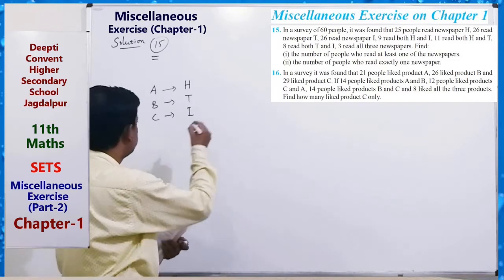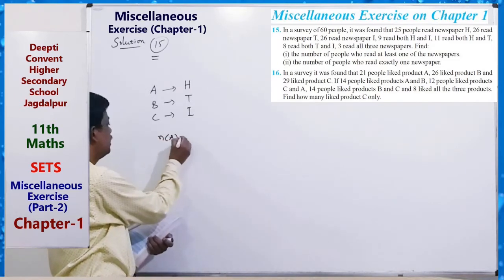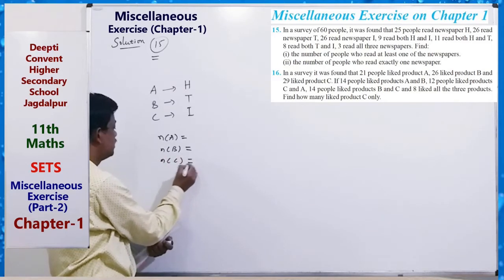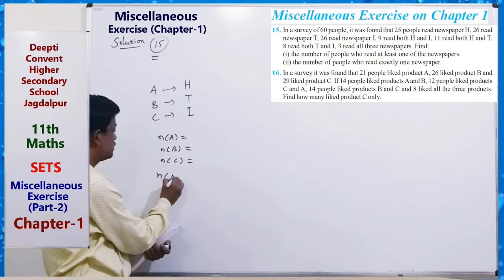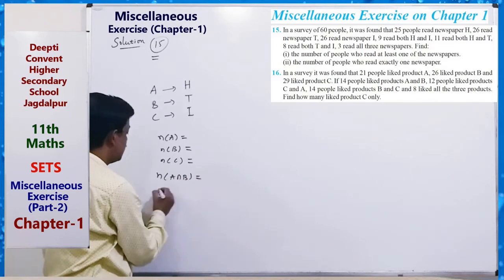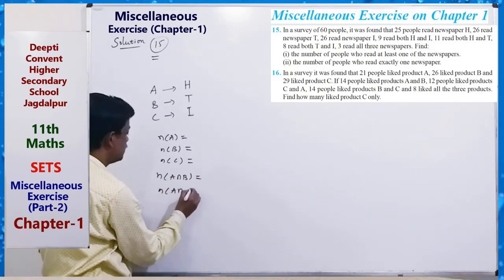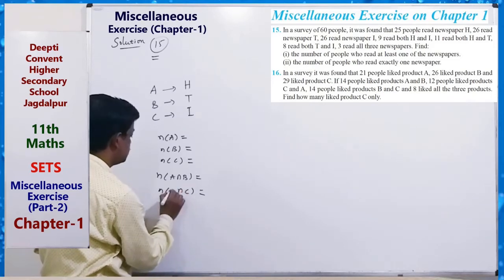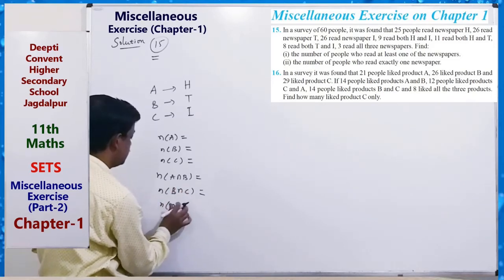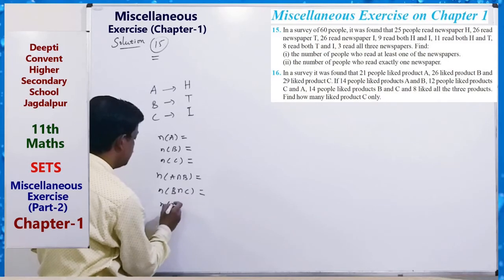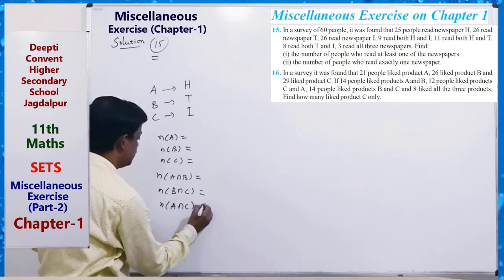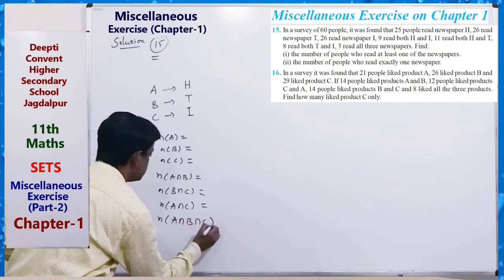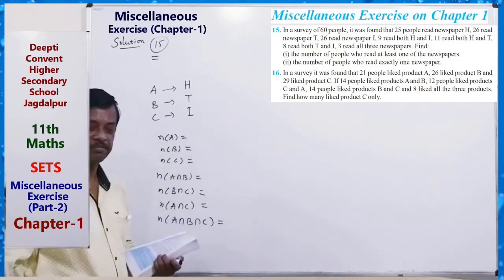Then here we are given what? n(A), n(B), n(C), n(A intersection B), n(B intersection C), n(A intersection C), and n(A intersection B intersection C). These are given.